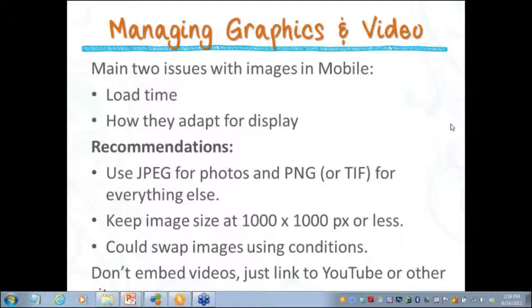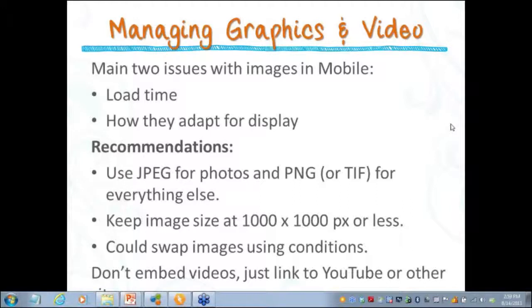You could create separate images for each output and swap them using conditions. So you could use a very large file size in your NetHelp, because it's served on your web server, so you don't care. We're going to talk about conditions in a minute, but you can use conditions to swap images or anything.